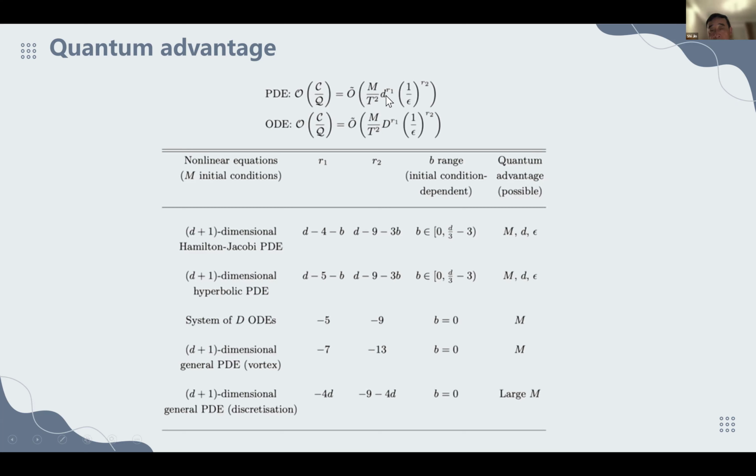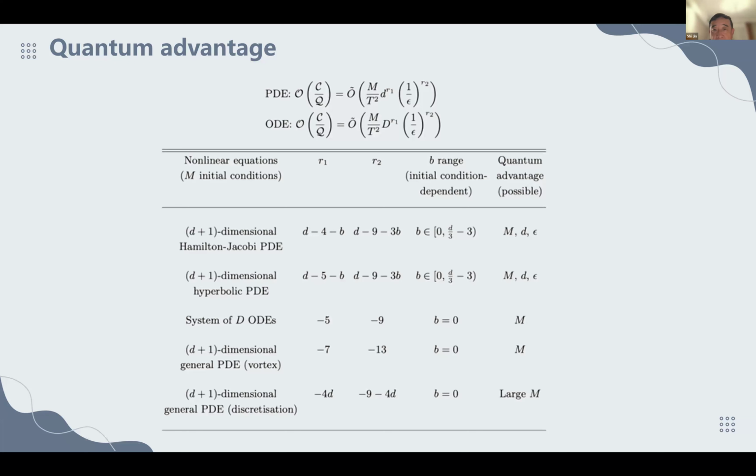You want R1 to be positive, then you have an exponential speedup for the quantum algorithm. And this epsilon is the accuracy, all right? So 1 over epsilon to the power R2, you want R2 to be positive, then you have an exponential speed advantage over the accuracy.